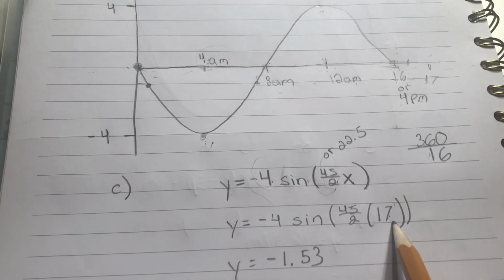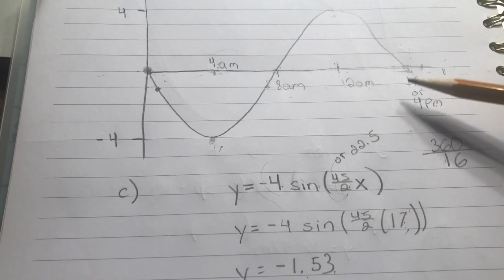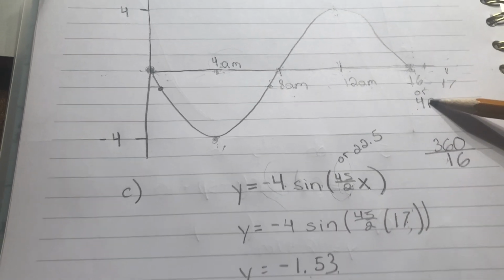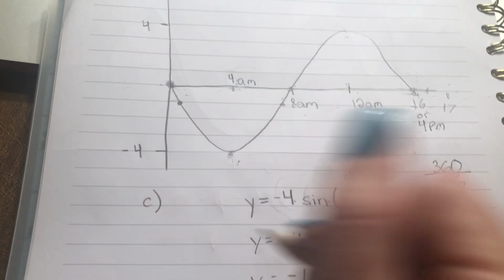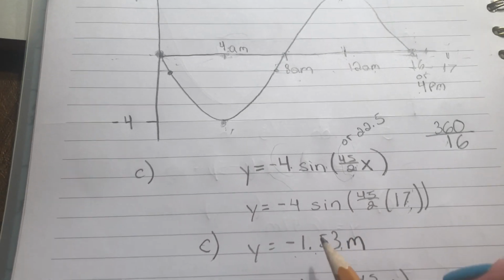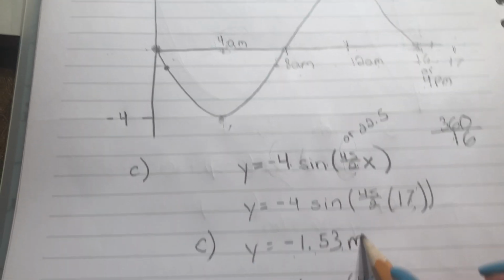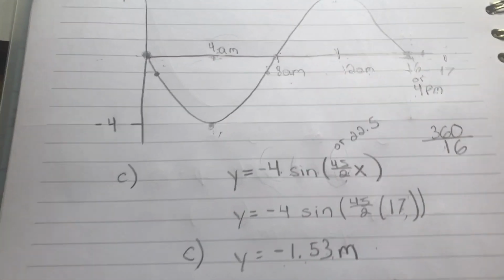We put a 17 there, and we get 1.53. So that means it's falling down 1.53 meters. Okay, so that is the answer for C. Our tide is going to be 1.53 meters lower than sea level.